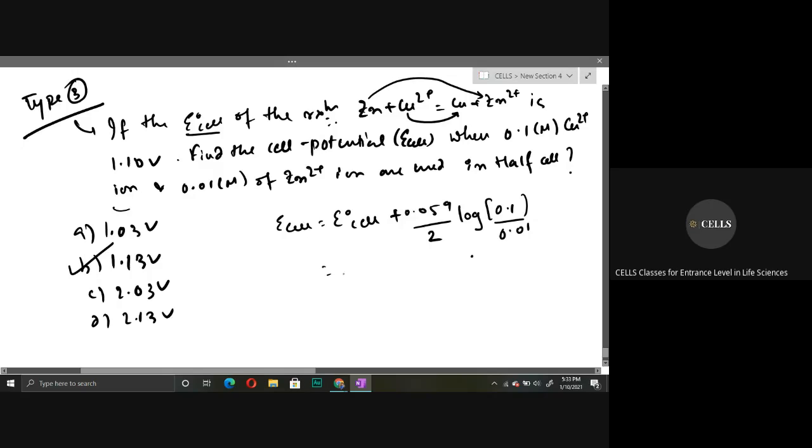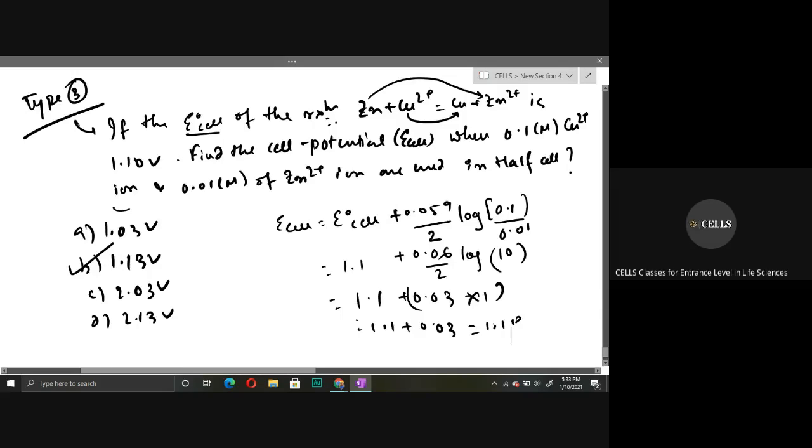So E0 cell value is 1.1 plus 0.06 by 2 log 10. Log 10 value is 1. So 1.1 plus 0.03 into 1, this will be 1.13. Clear up to this?